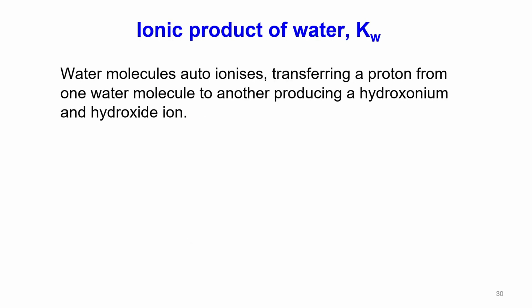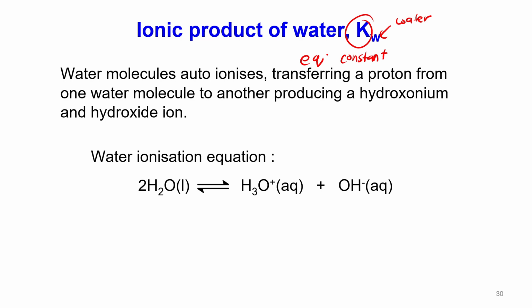Okay, this one we have Kw. K refers to the equilibrium constant. So W refers to water. So we have the equilibrium constant for water. Kw refers to the water molecule ionized, or decomposed, producing H plus and OH minus ions. H plus or H3O plus.